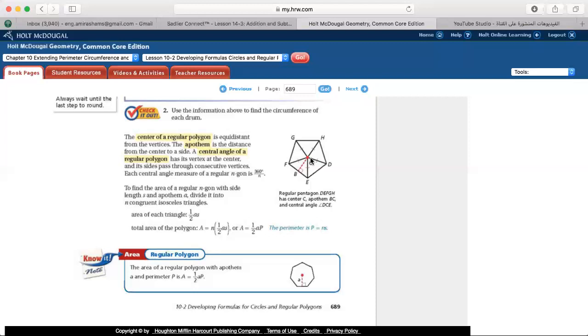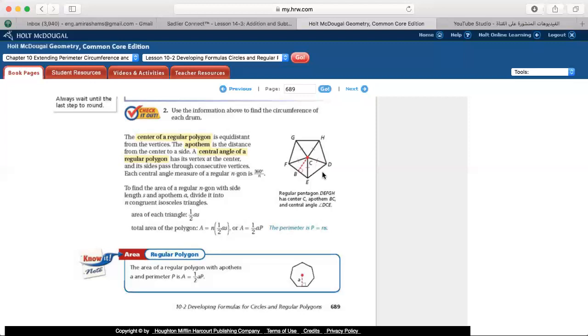Its vertex is the center of the polygon. The vertex of the central angle is the center of the polygon. And the two sides of the angle are on consecutive vertices.